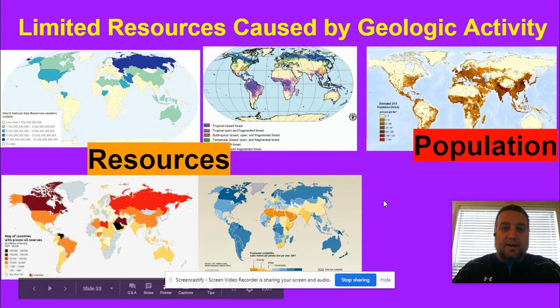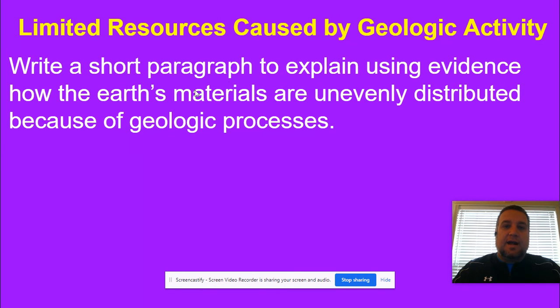So our idea here is writing a paragraph to explain, using evidence, and those graphs are the evidence, how the Earth's materials, we said water, we said minerals, we said trees, we said fossil fuels, are unevenly distributed. That means they show up in lots of different places, but they're not all the same, right?